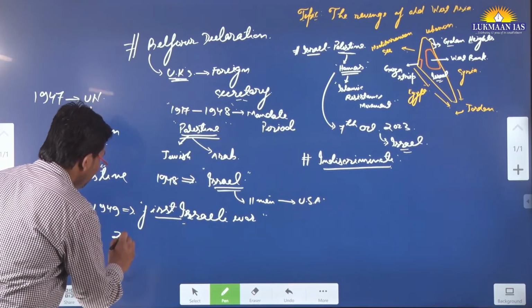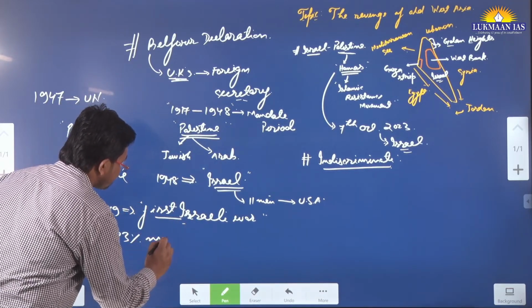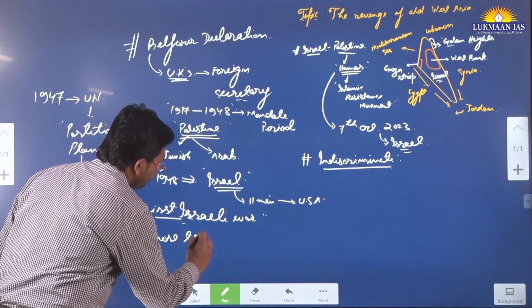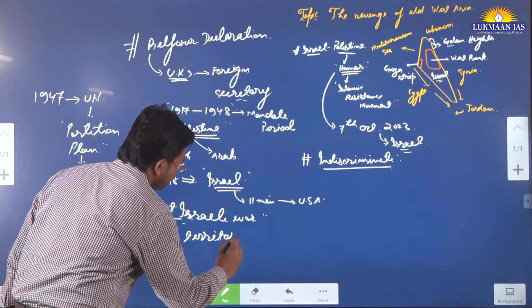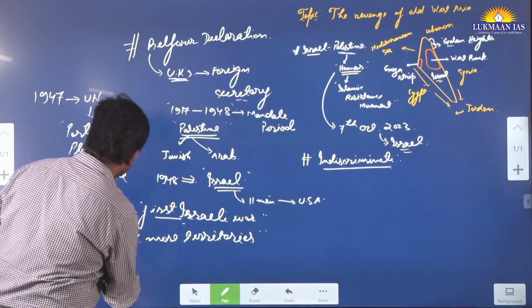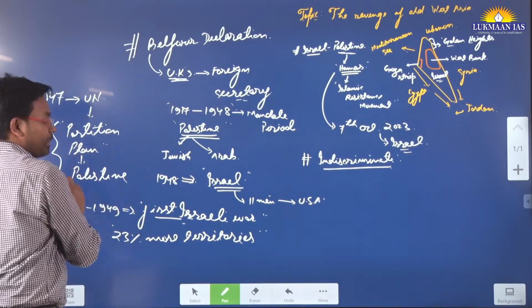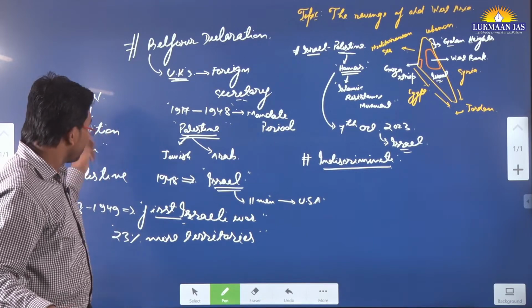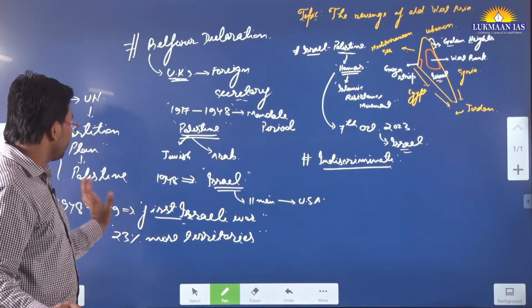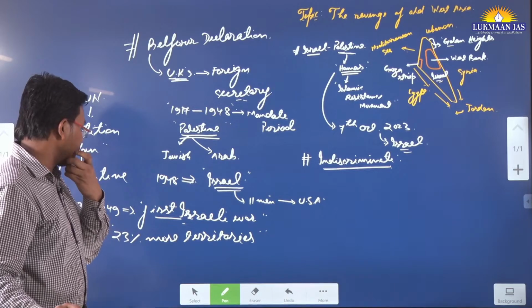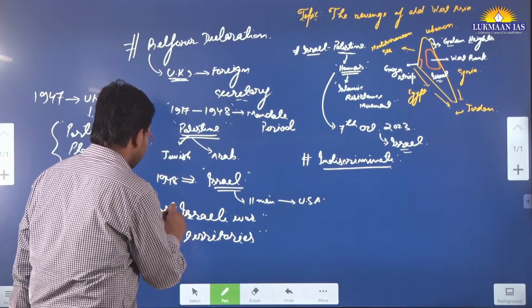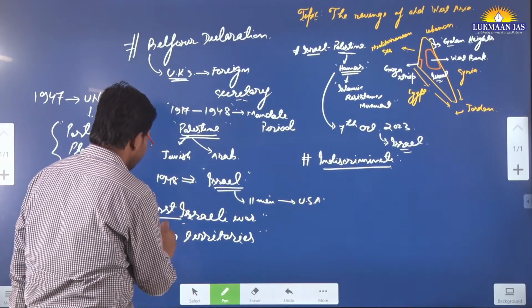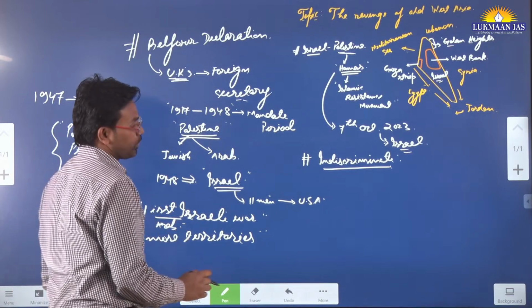In it, Israel occupied 23% more territory from Palestine than was mandated under the UN partition plan, and that led to the conclusion of the war.